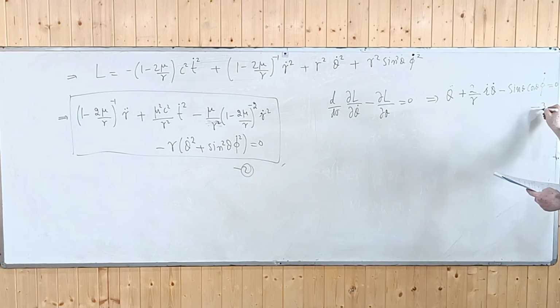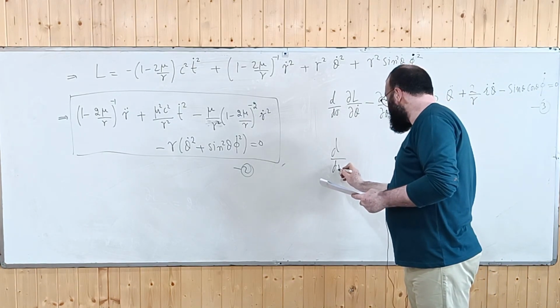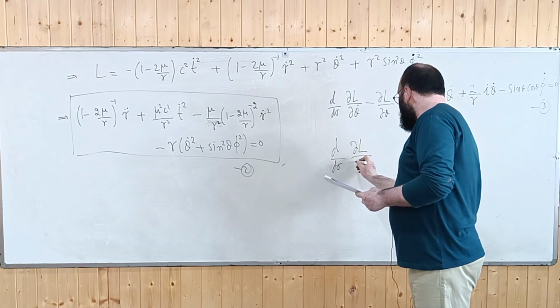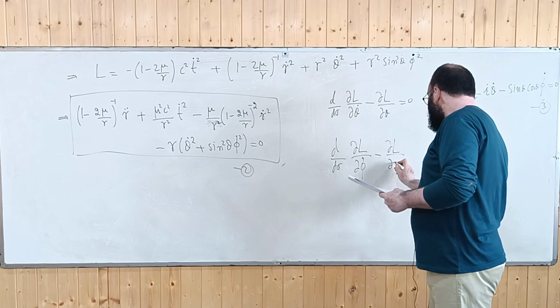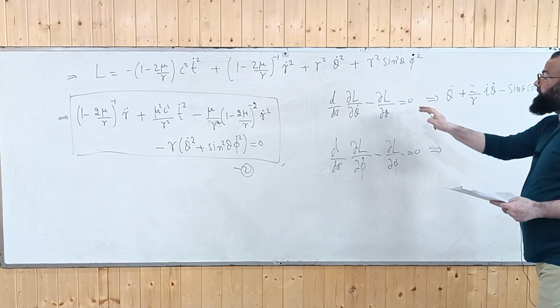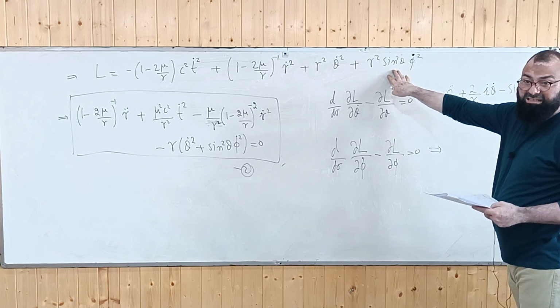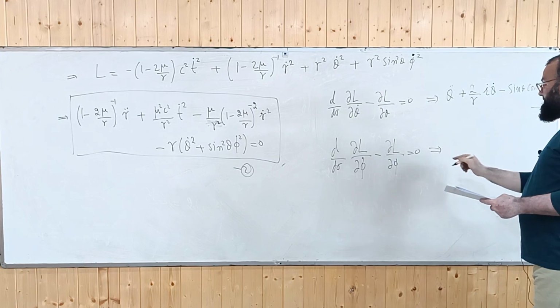So let's call this equation 3, and we now have the last equation, d by d sigma of partial L by partial phi dot minus partial L by partial phi is equal to 0. Phi is contained here only as phi dot, there is no phi. So what is the differentiation?